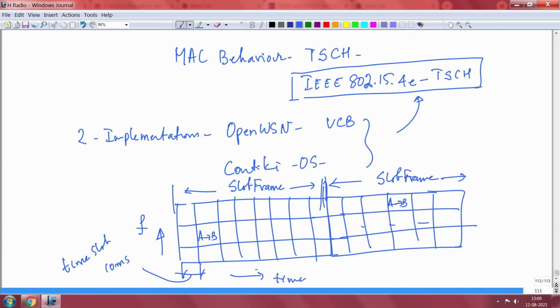And how did it hop from here? This is f1, this is f2, this is f3, let us say. So it is f2; if you take it like this, it is time slot 2 comma f2, it is 2 comma 2.